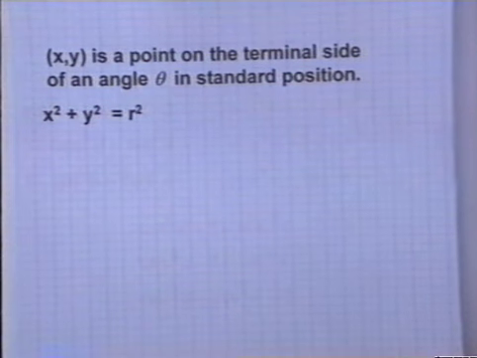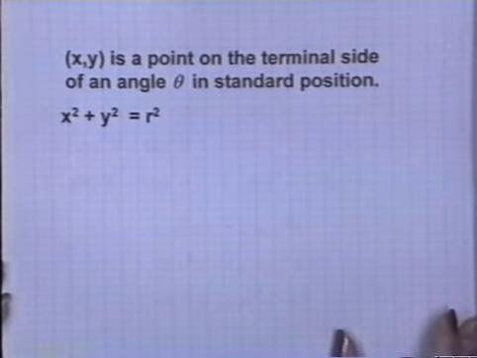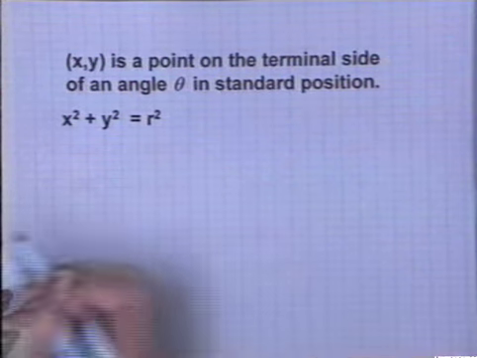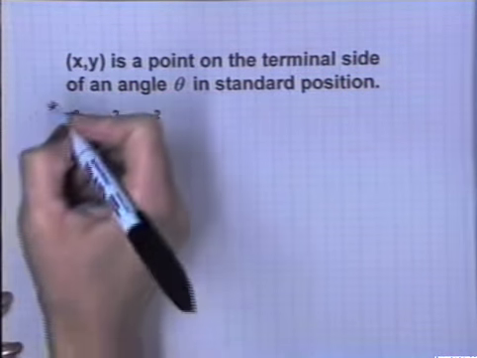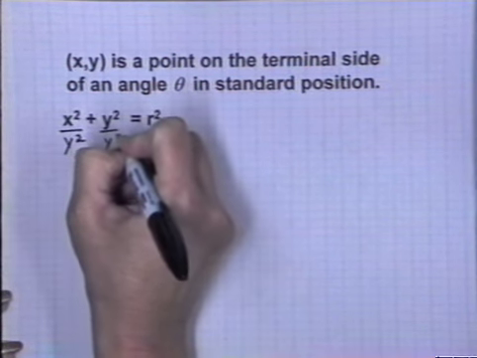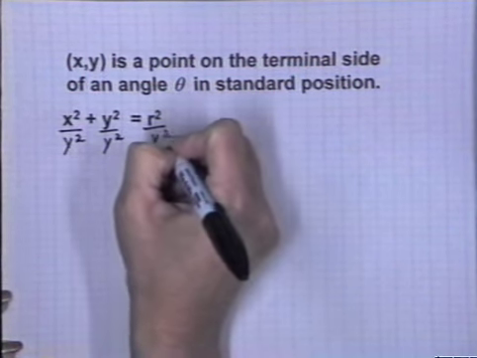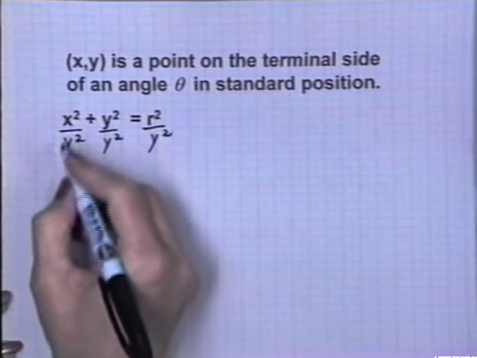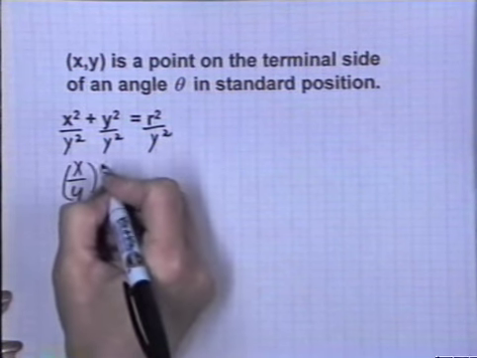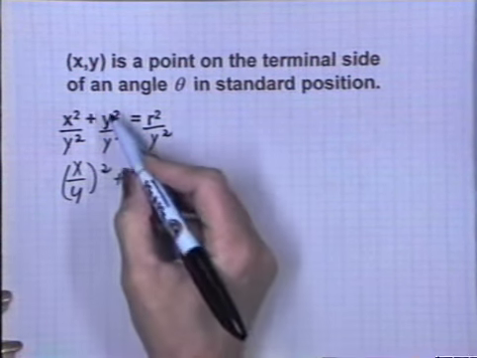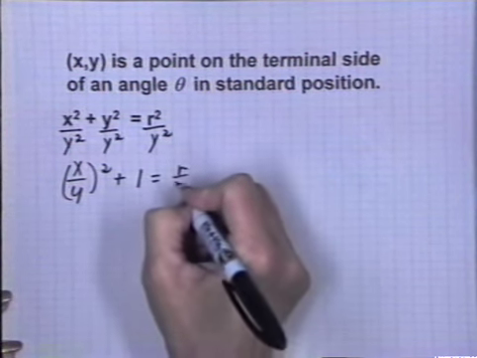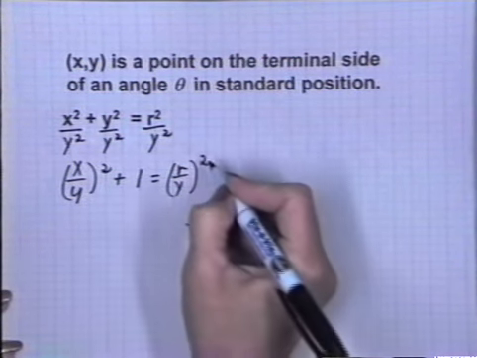We have one more set of Pythagorean identities, and we'll start with the same angle theta with (x, y) on its terminal side. And this time, let's divide everything by y squared. What we get is (x over y) squared plus y squared over y squared, which is 1, equals (r over y) squared.